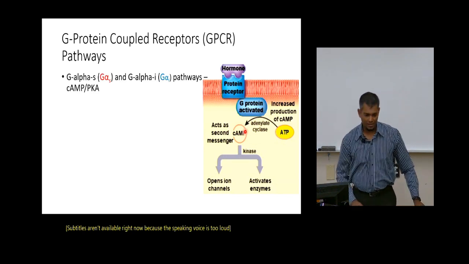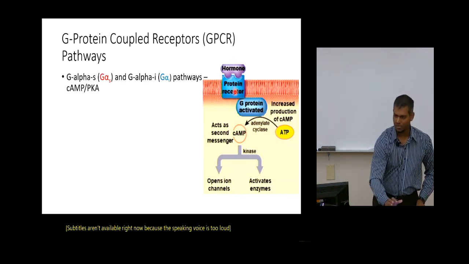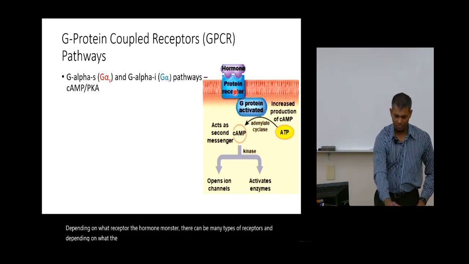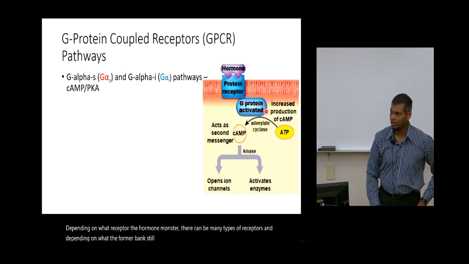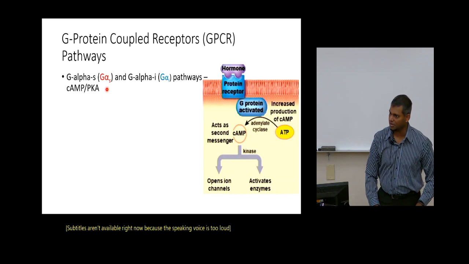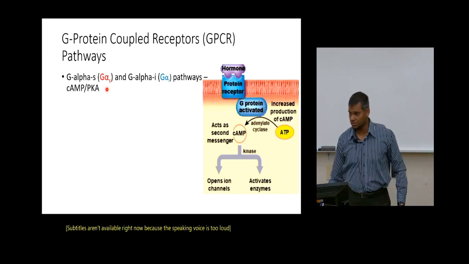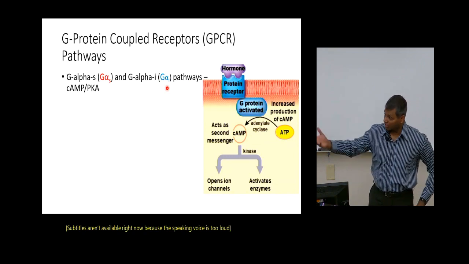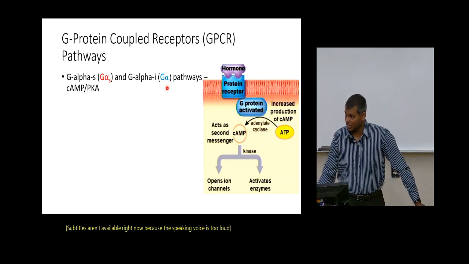But keep in mind that depending on what receptor the hormone binds to, there can be many types of receptors, and it can either cause the release of a G-alpha S subunit, or in the case of another receptor, it could cause the release of G-alpha I, or in another case, it could cause the release of G-alpha Q. Right?